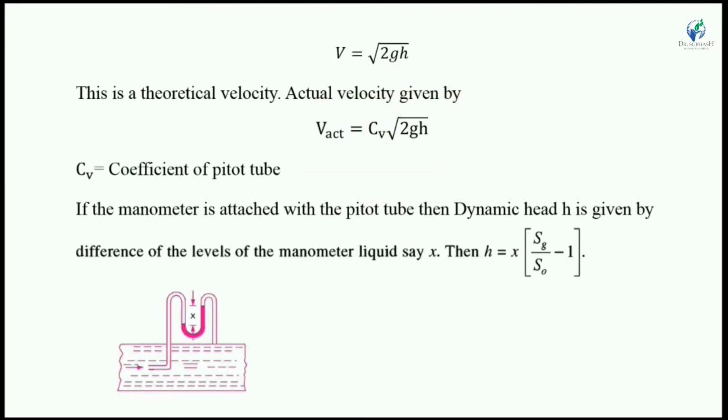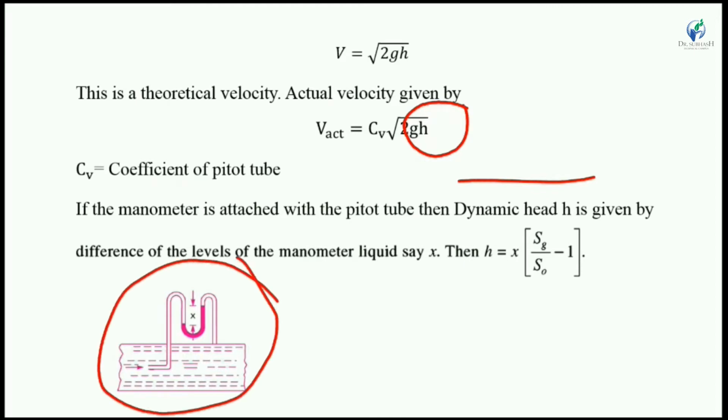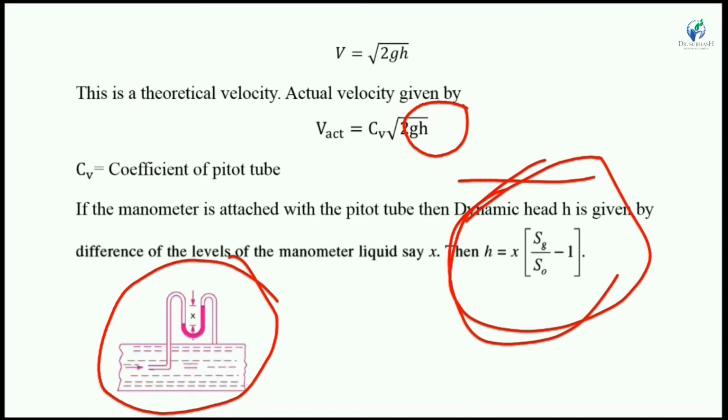Now, in this equation H is the dynamic pressure head, and if a manometer is used with the Pitot tube, then its value is found by this equation: H is equal to x (Sg upon So minus 1).